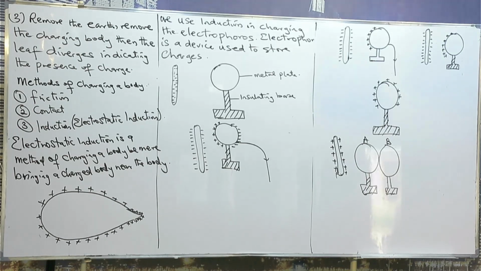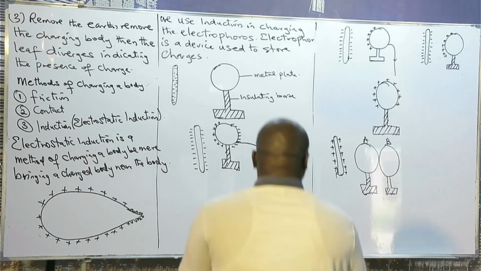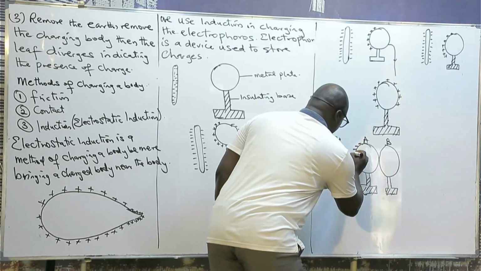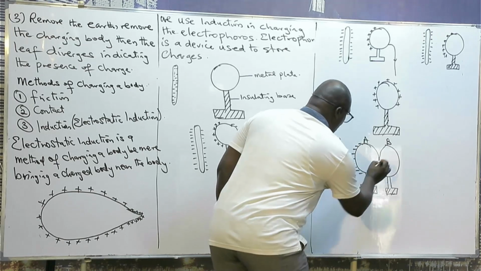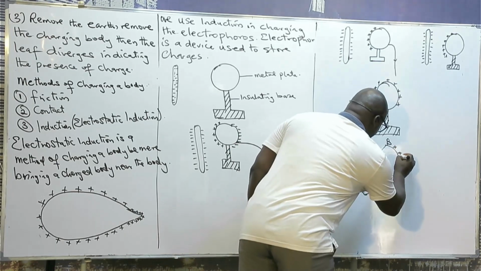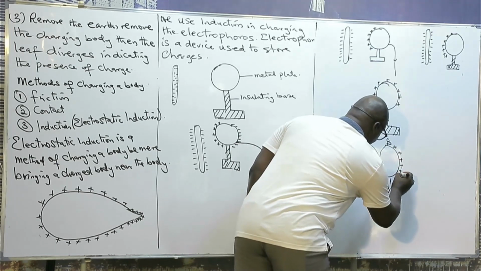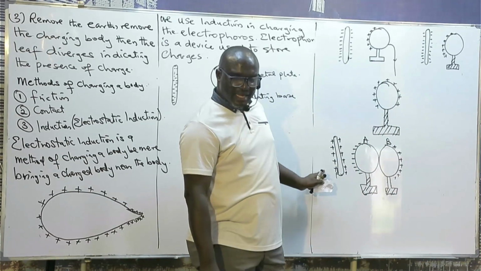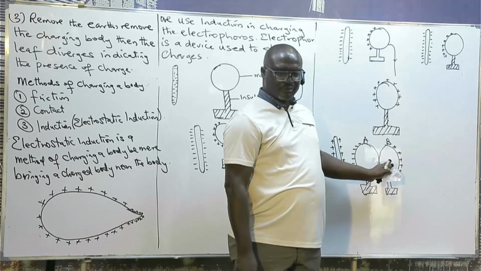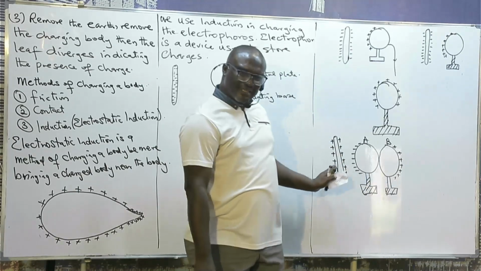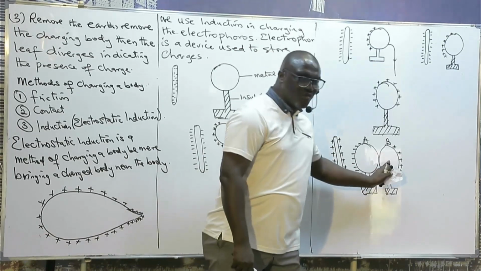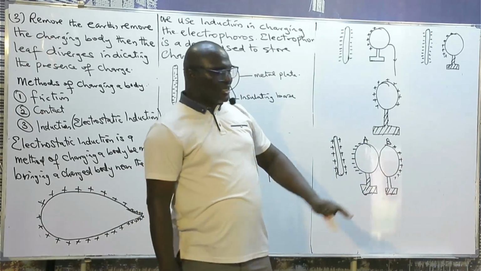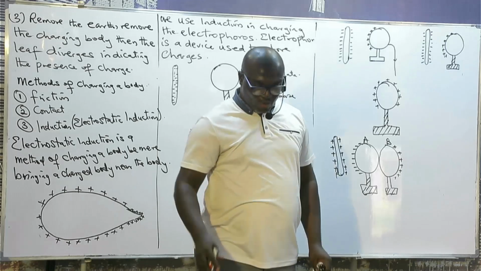So here we have negative charges, and positive charges here. While the charging body is here, once you remove B, B automatically becomes positively charged, while A becomes negatively charged.